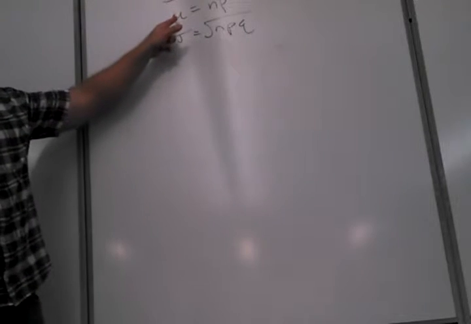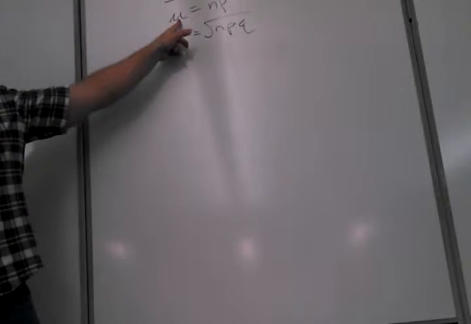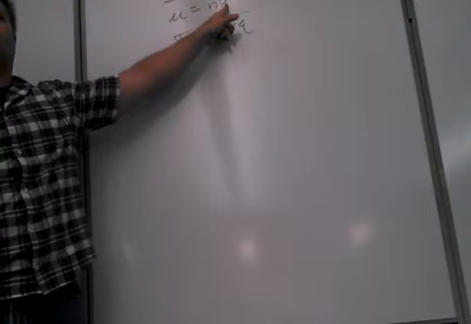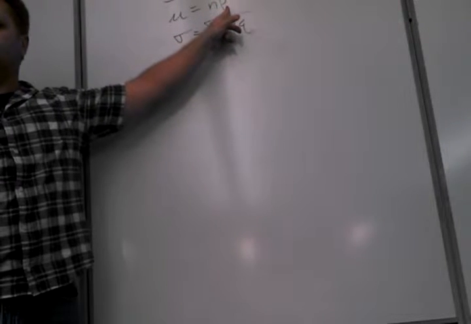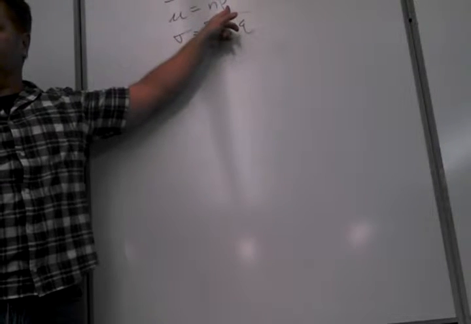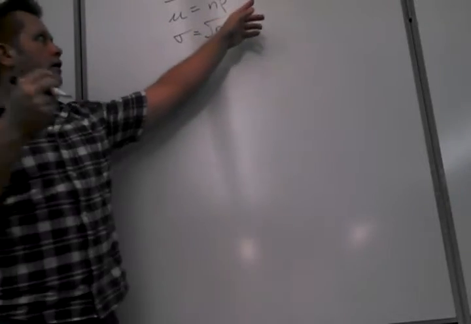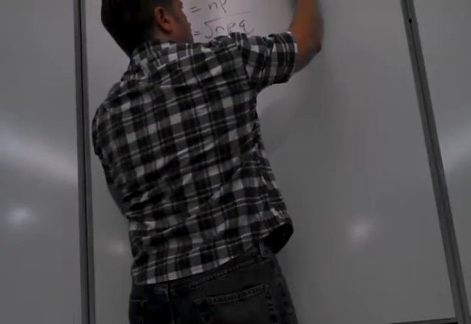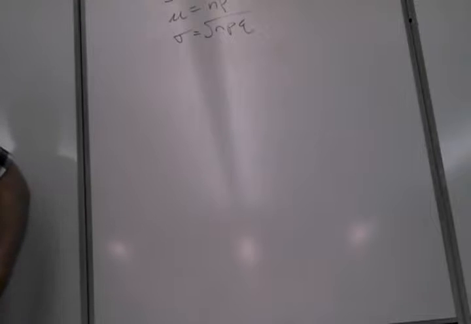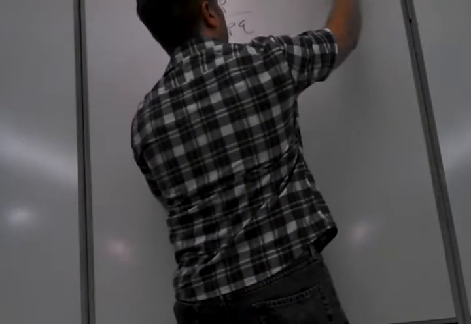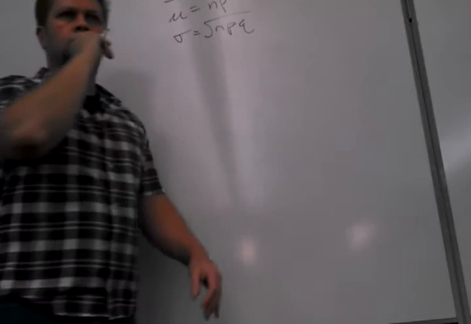But this is for a population, of course. When you see P without any hat, that's a population proportion. If I want to know the corresponding X bar, the sample mean, I want the sample percentage, which we designate by putting a hat on. So X bar would equal NP hat.